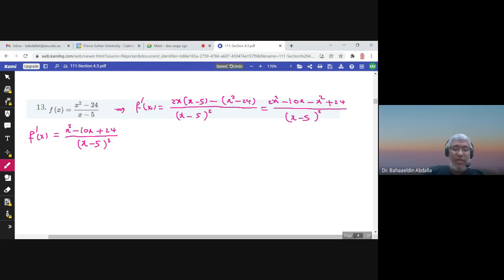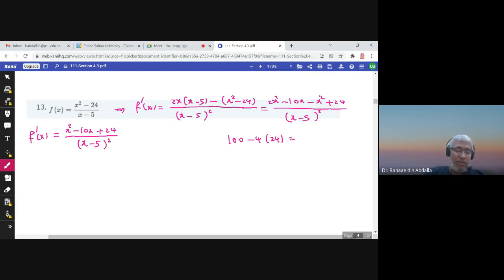Now if I try to factor the polynomial in the numerator, okay, try to factor this polynomial, you will not be able to. If you find the discriminant, you will find the discriminant 100 minus 4 times 24. The discriminant is b squared minus 4 times a times c.